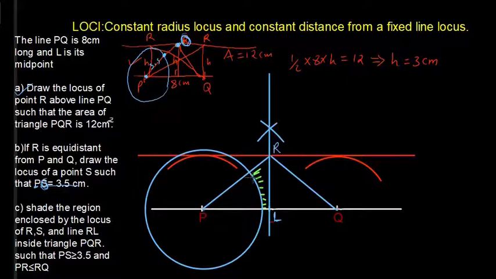If it is greater than RQ, then we have to shade this other side towards RQ. But if it is less than or equal to PR, then it means we are moving towards PR. So we shade this direction of the locus. So finally, we've ended up shading the region that is required inside the triangle.